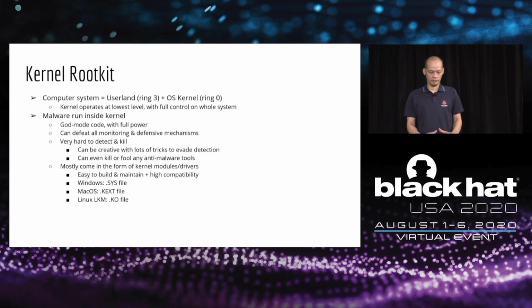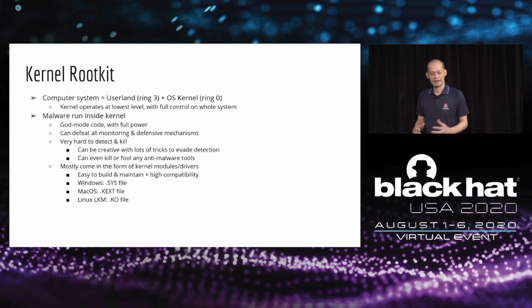So when people build kernel rootkits, they try to make them highly compatible, easy to build, and easy to maintain. That's why most kernel rootkits come in the form of kernel modules or kernel drivers, which are .sys files on Windows, .kext files on macOS, or .ko files on Linux.